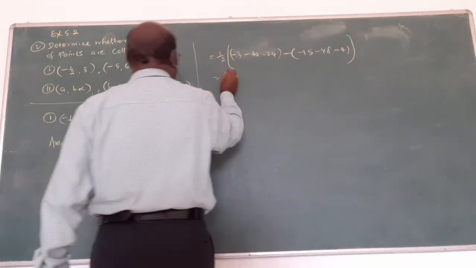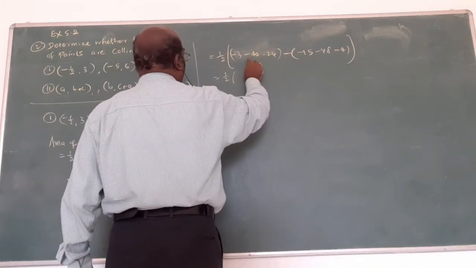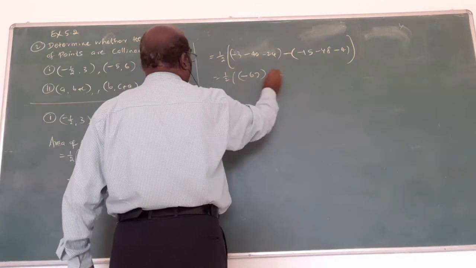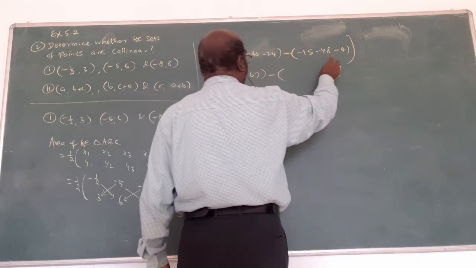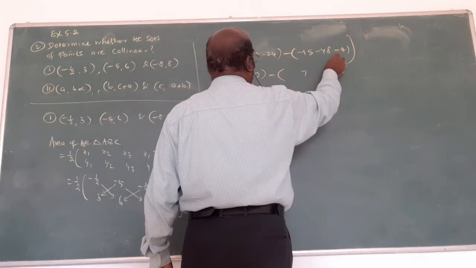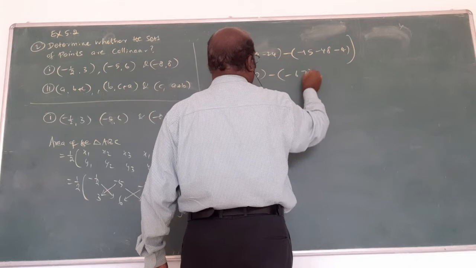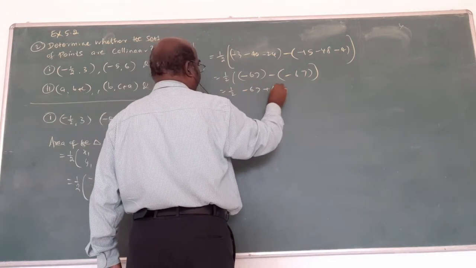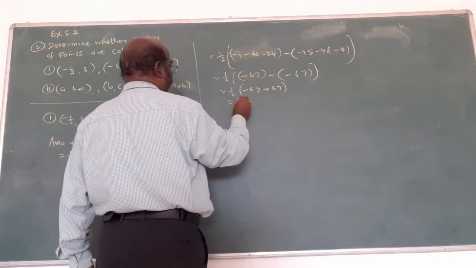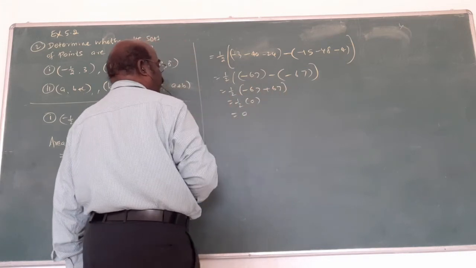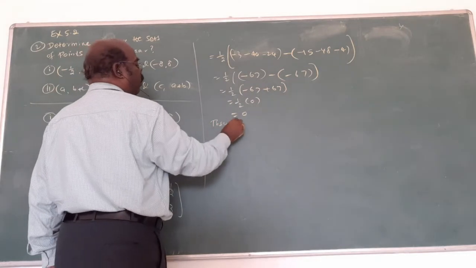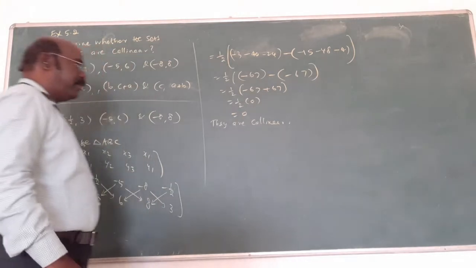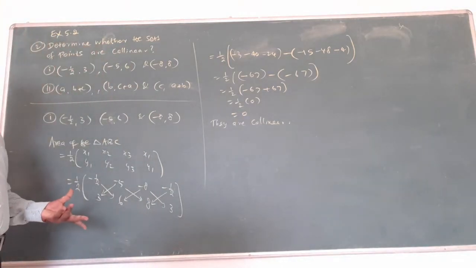Next, half is an odd value, minus 67. Am I correct? Here half into minus 67, minus plus 67. Half into 0. Therefore, they are called quadrilateral. That's all. Suppose not clear, not clear.